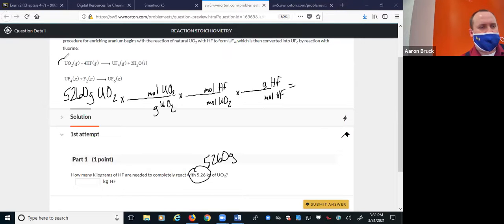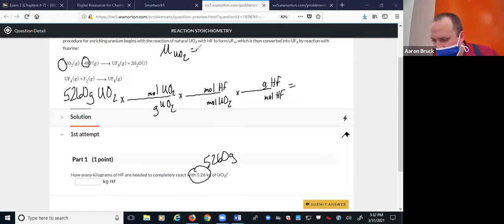Our mole-to-mole ratio here is 1 to 4. Our molar mass of UO2: uranium, element number 92, is 238.03. Each oxygen is 16, so 16 times 2. 270.03 is our molar mass.